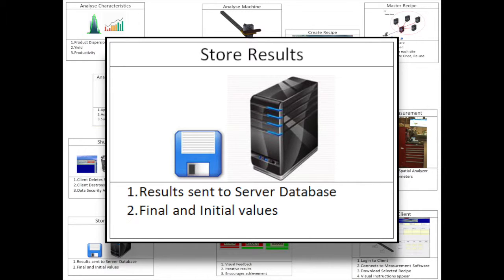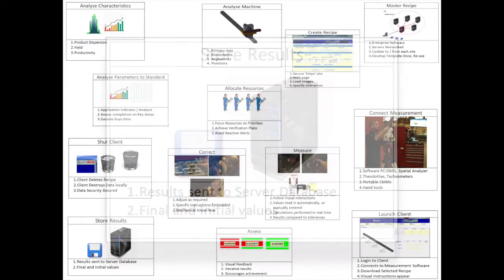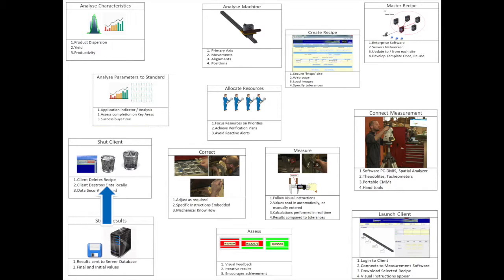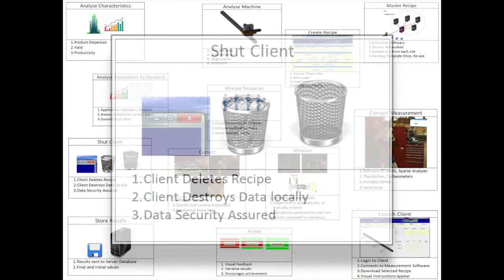The products were produced at either the initial values or the final values. So once they're stored and the database has confirmed that it's okay, you can then shut the client.